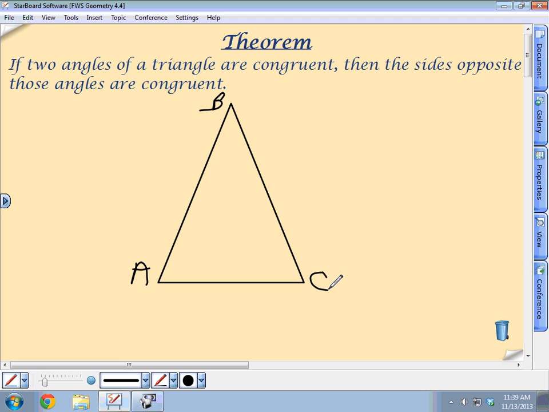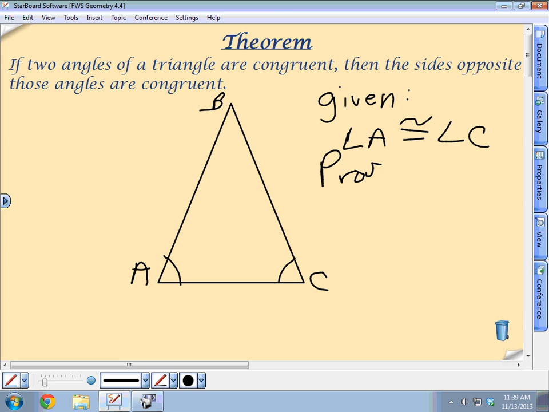So if I have two angles of a triangle that are congruent, if angle A is congruent to angle C, can I prove that AB is congruent to CB? Who thinks I can prove that?